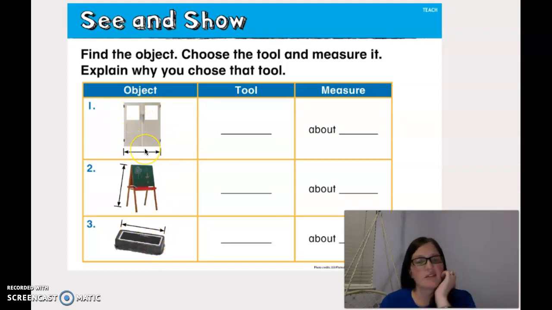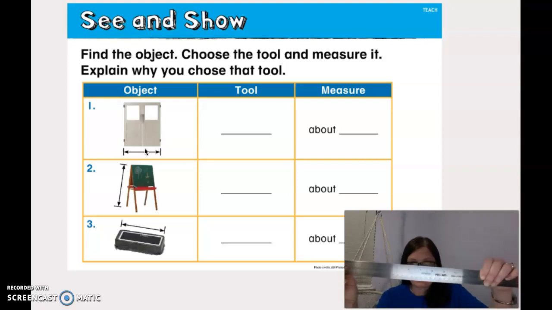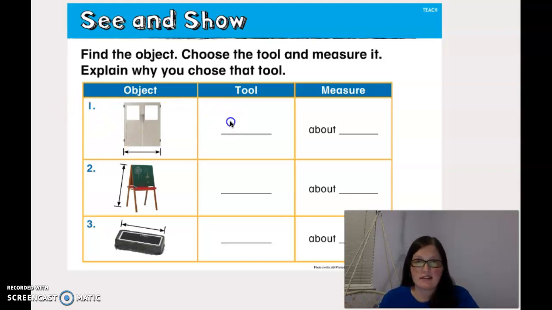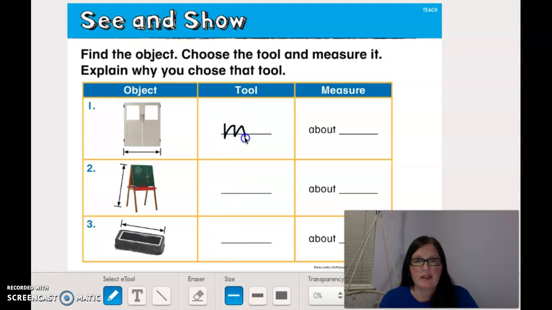I'm thinking about the doors at the school, and they are definitely longer than my ruler, so it would make sense to use a meter stick. Meters. If I measured it, each door is about 3 feet, which is about 1 meter, so that'd probably be about 2 meters long.